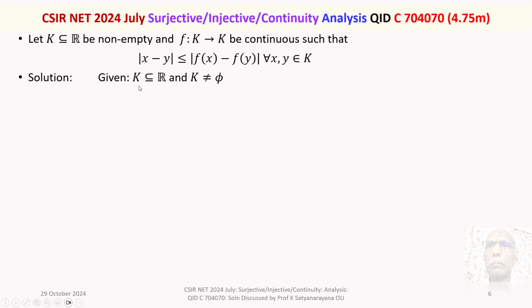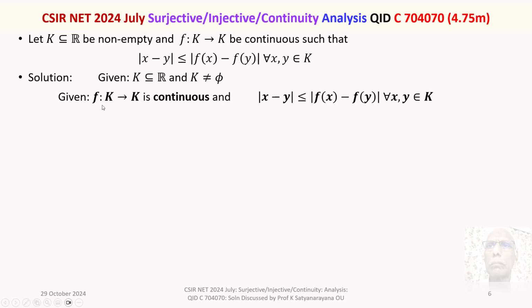We are given a non-empty subset K of real numbers. Given f is a continuous map from K to K, satisfying modulus of x minus y less than or equal to mod of f(x) minus f(y) for all x, y belonging to K. So, we first claim that such a function f is injective, that is f is 1 to 1.